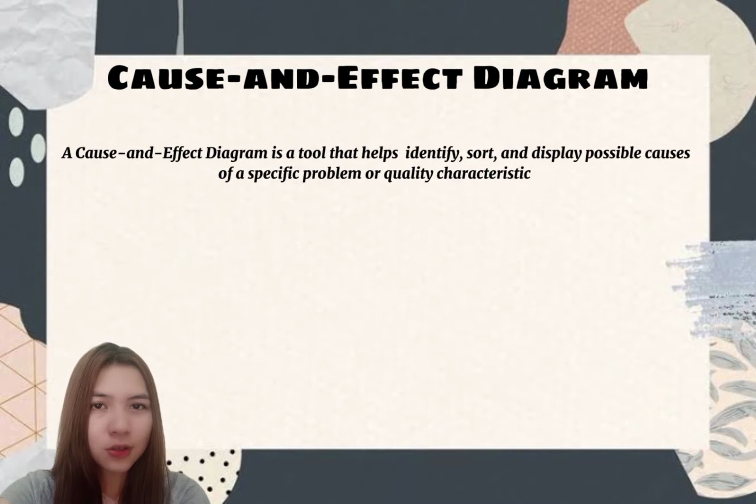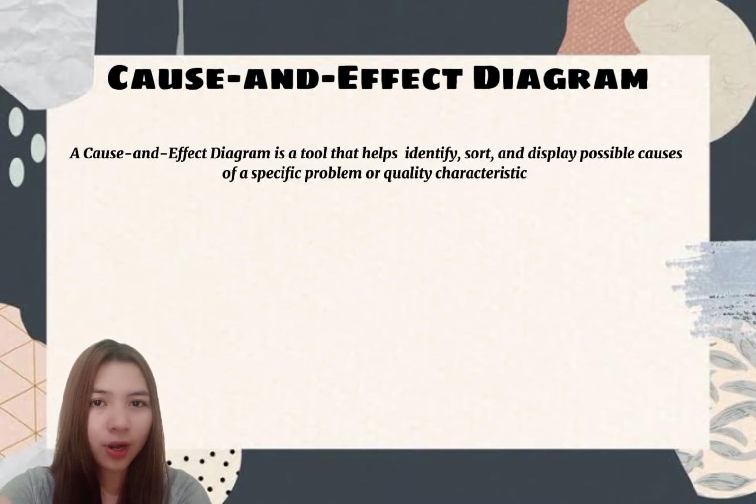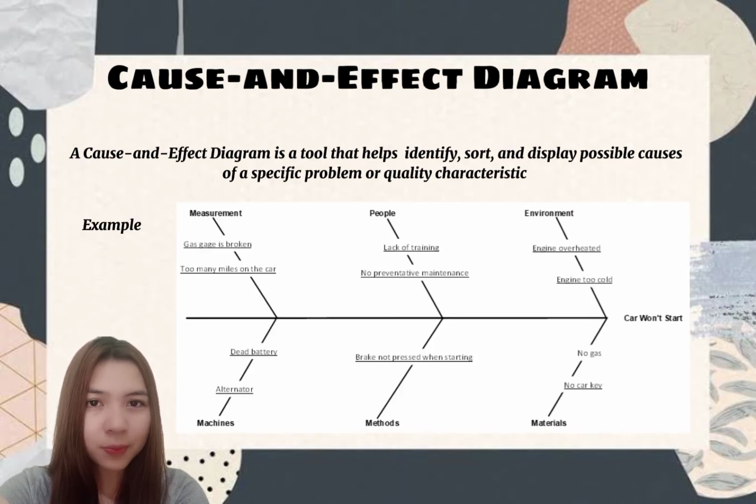Next is the cause and effect diagram. A cause and effect diagram is a tool that helps identify, sort, and display possible causes of a specific problem or quality characteristic. And here is an example of a cause and effect diagram for a car that won't start.